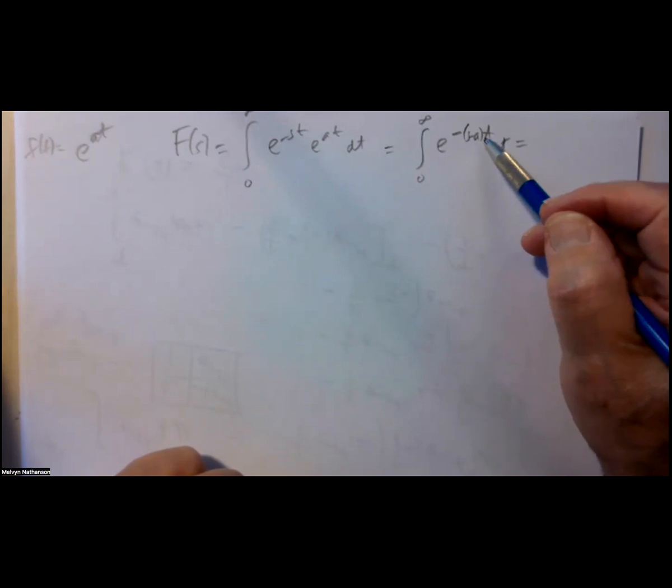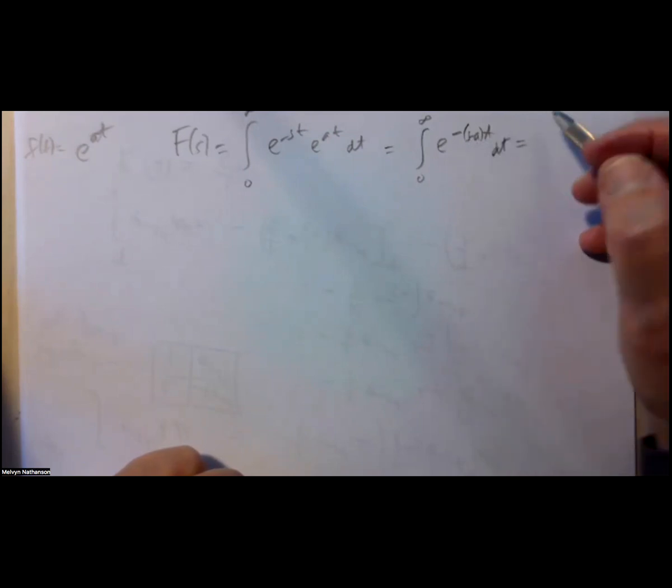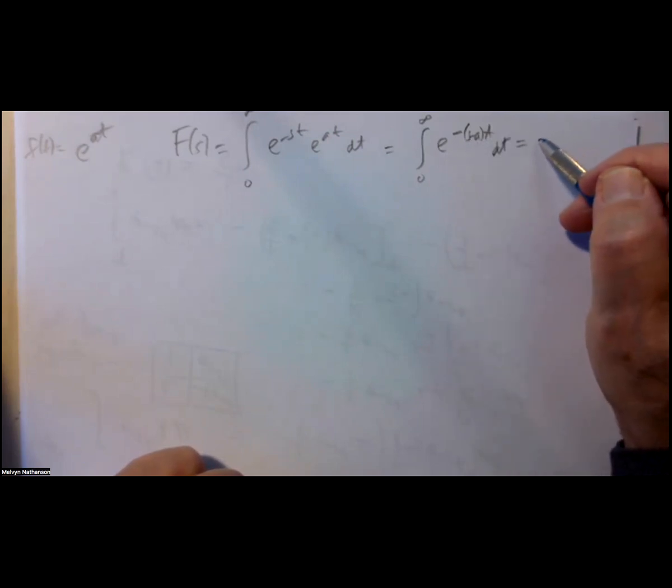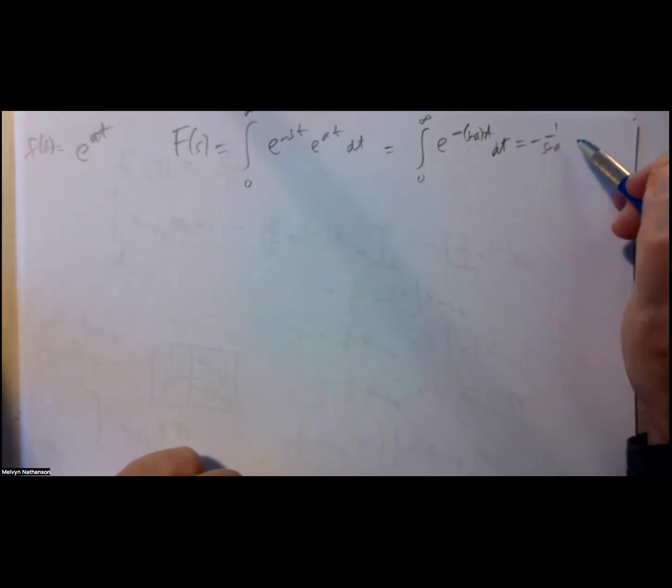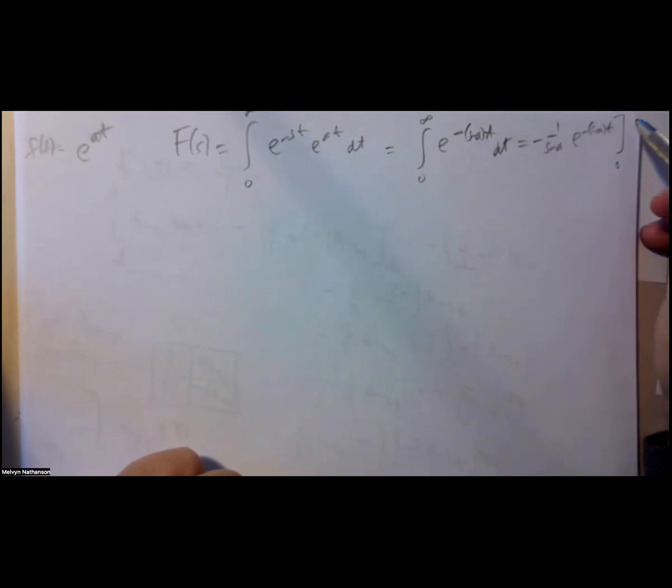What is the integral of e to the minus (s minus a)t dt? It's minus 1 over s minus a, e to the minus (s minus a)t. And I want to evaluate that from 0 to infinity.